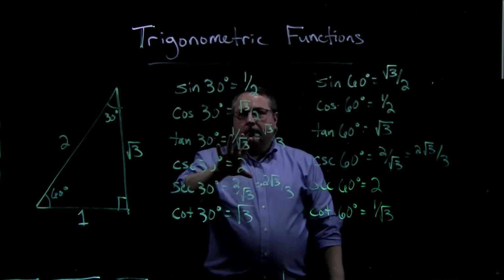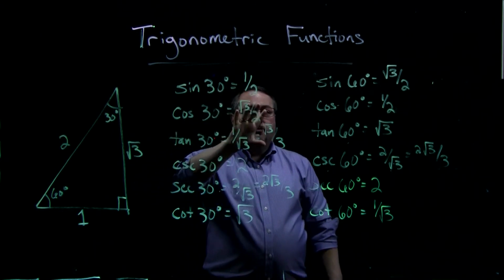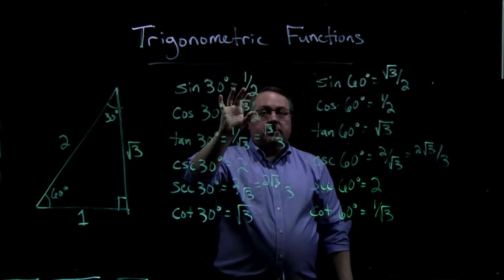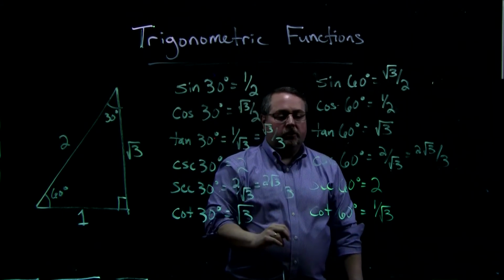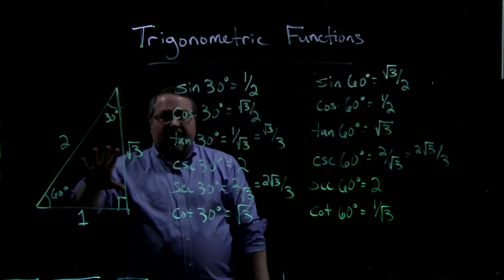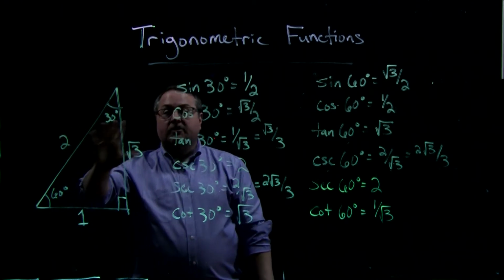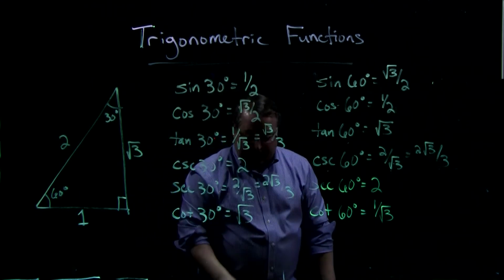Okay, now I'd like for you to note some of the relationships between the trig functions of the 30-degree angle and the trig functions of the 60-degree angle. Now, it should be obvious there should be some relationships because we're dealing with the same 3 sides no matter which angle we're dealing with.